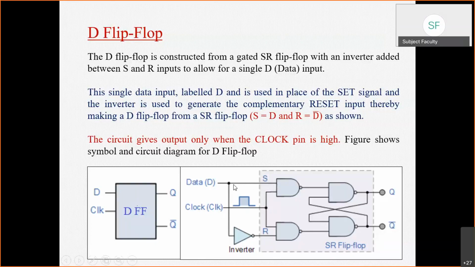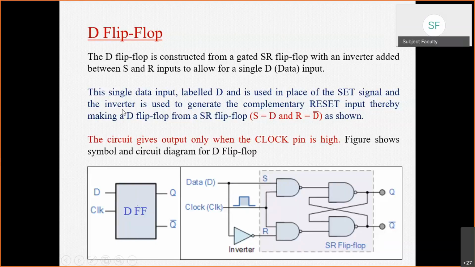Right? Now what they have done to this particular reset is, you can observe they have put one NOT gate, one inverter. A NOT gate is also called an inverter, right? So one NOT gate is placed between reset and D. So whatever is the value of D, its complemented value will be given to the reset terminal, right?